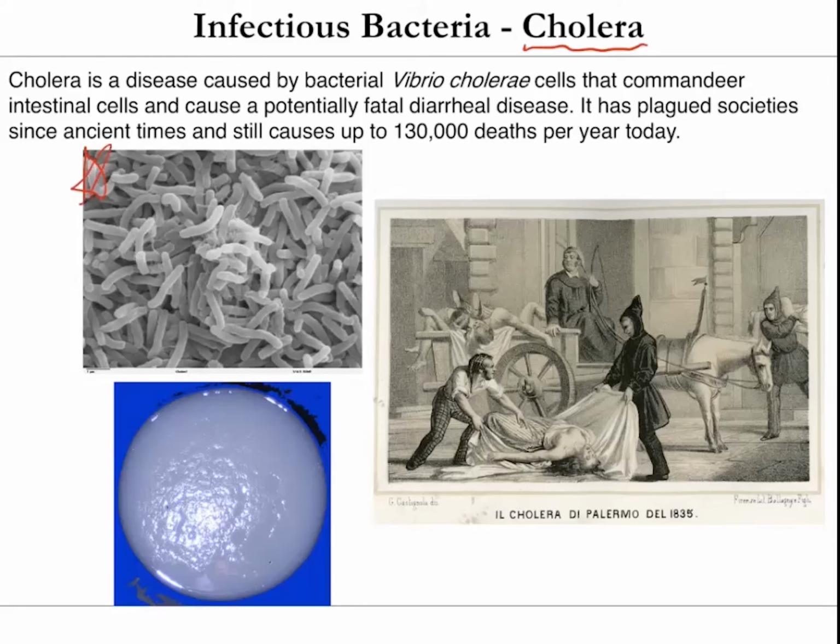These Vibrio cholerae cells basically get into your intestines, and they excrete a toxin called cholera toxin that commandeers your signaling pathways and tells your intestinal cells to put out a bunch of water, basically to release water into your intestines. What this causes is a potentially fatal diarrheal disease.